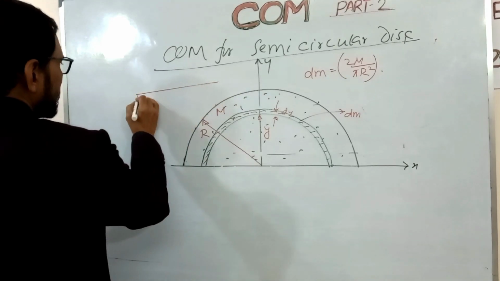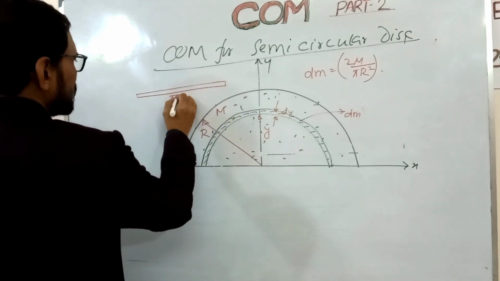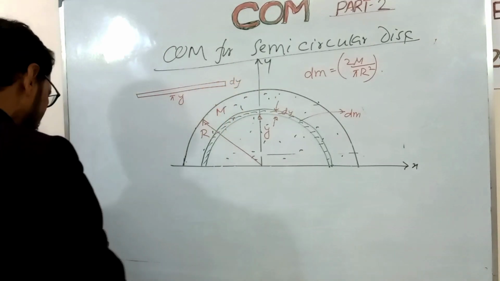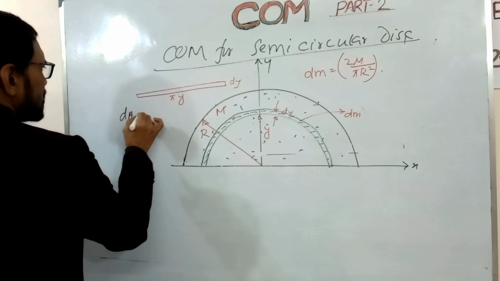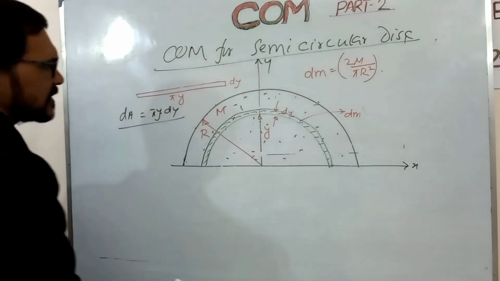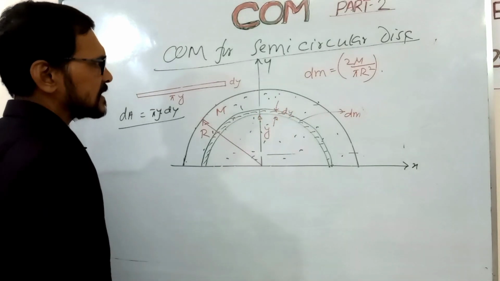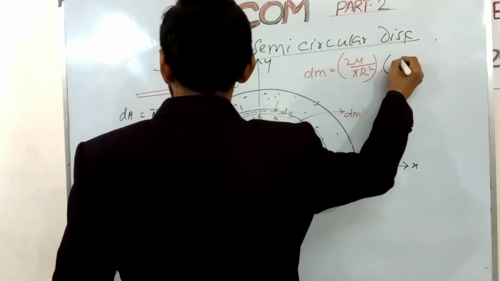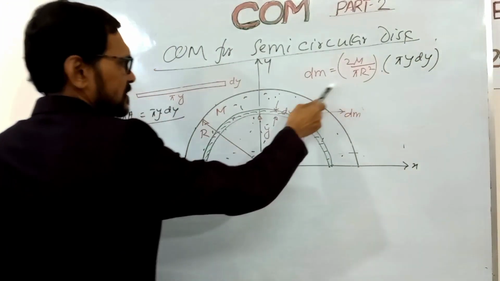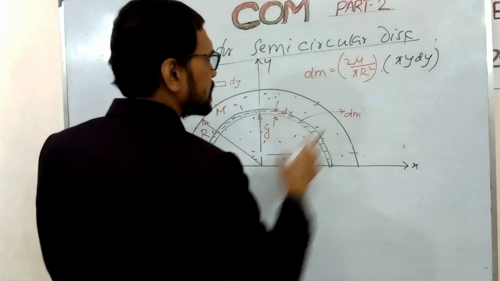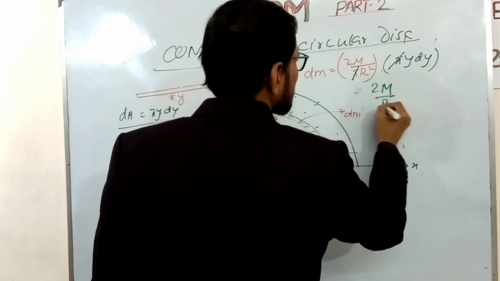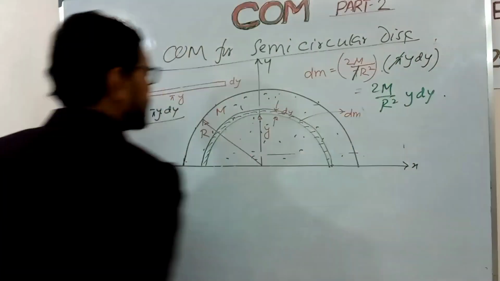If we open this elementary ring, its length will be pi y and thickness is dy. So the area is dA equal to pi y dy. So dm equals mass per unit area into area, and cancelling, dm equals 2m by r square, y dy.